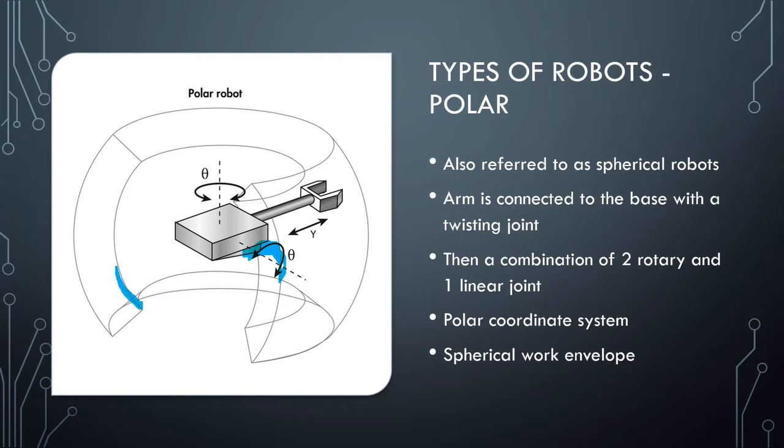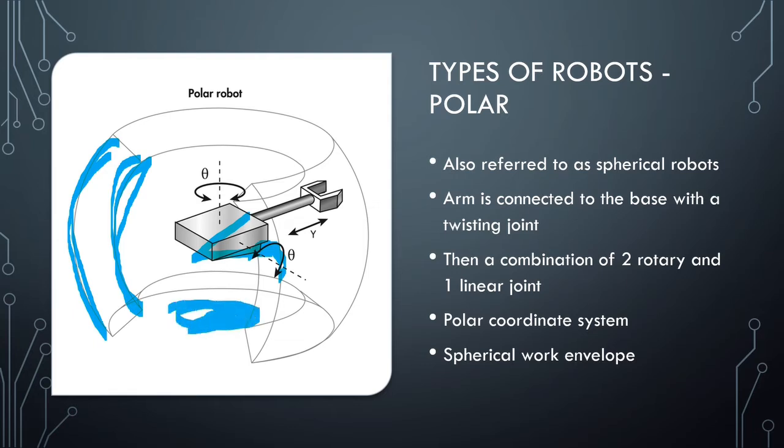It doesn't just have to move up and down, it's able to pivot on an angle, and so that gives it a little bit more freedom. This one we can see is a little bit stiff, so you don't have this whole inner area. You have a very constrained work envelope, so this arm can move in and out to an extent.